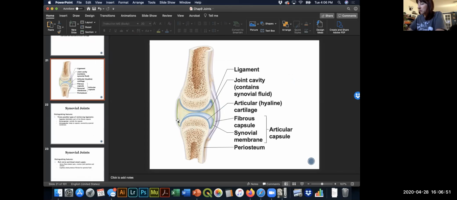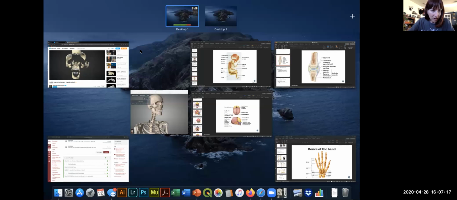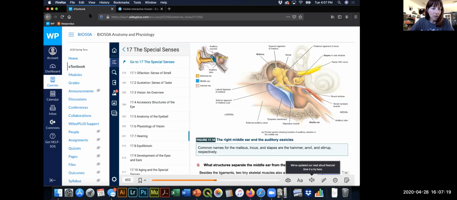Actually, let me just see what the book has here. I would say, so on page 272 of your textbook, you've got that table 8.1, which is actually pretty nifty.